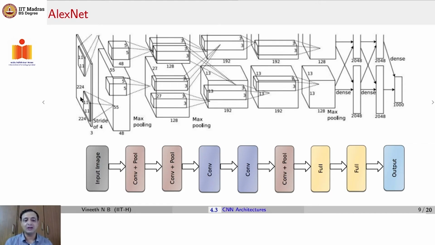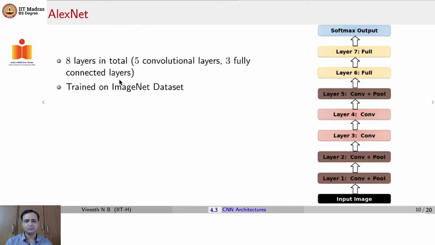So it would be 227 minus 11, that's 216, by 4, which gives you 54, plus 1, which gives you 55. Okay, that's what we talked about even earlier. Similarly, you can work out the parameters in each of these layers by knowing the number of filters and the kernel size that you see in each layer, which is shown on the figure.